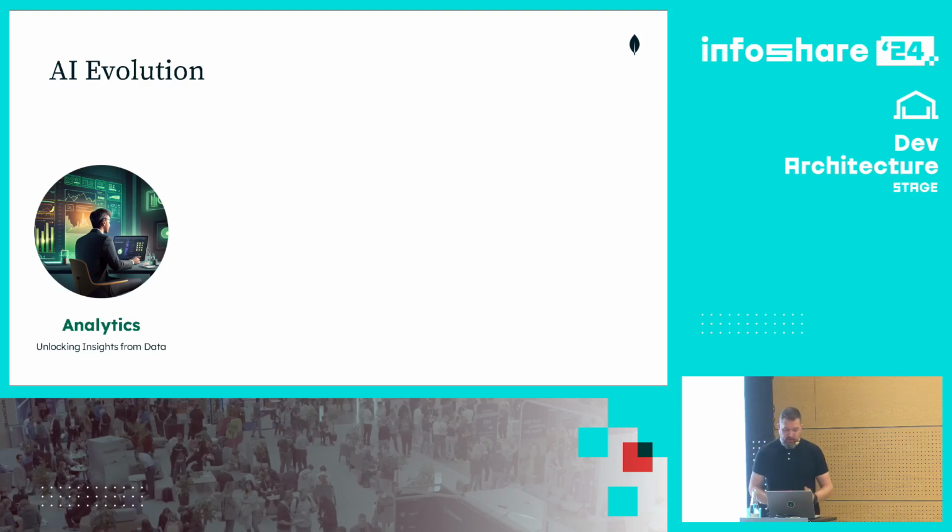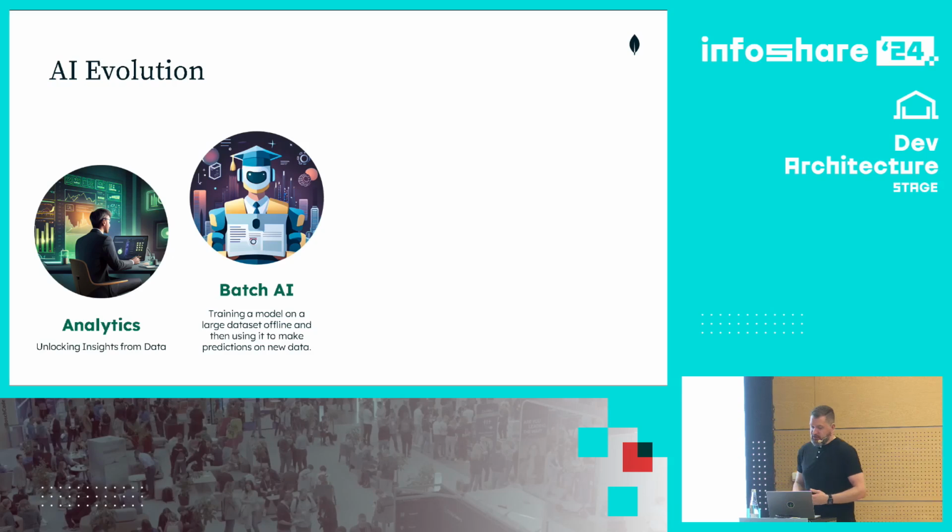In the early days of computing, applications primarily relied on analytics to make sense of data. This involved analyzing large data sets and extracting insights that could inform business decisions. As computing power increased, it became easier to analyze this data in less time. So the next stage is batch AI. As computing power continued to increase, the focus shifted towards machine learning.